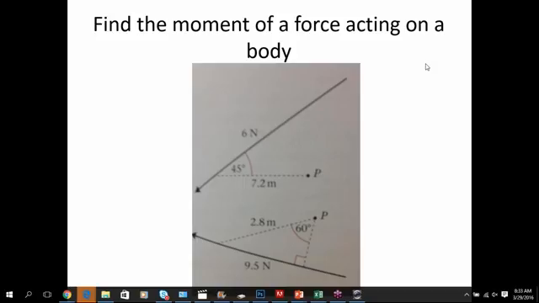You've got to know, is it a clockwise force or is it an anti-clockwise force? So let's look at the first one, 3 newtons. What do you think? Anti-clockwise or clockwise? It's anti-clockwise, good. So you just have to do force times that distance away.